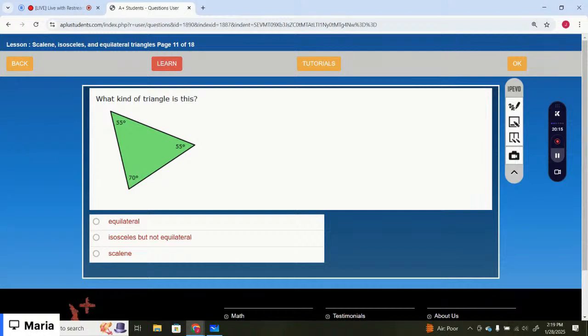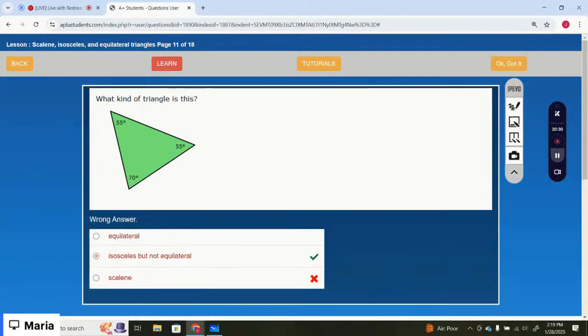The correct option is scalene triangle it is. The correct option is scalene. Yes, isosceles it is, not equilateral.